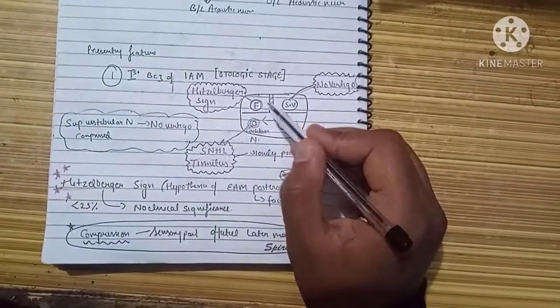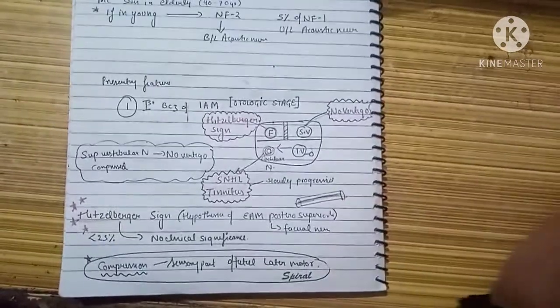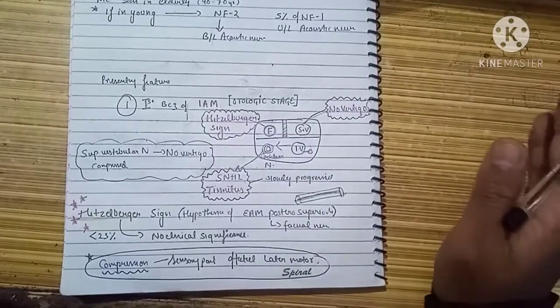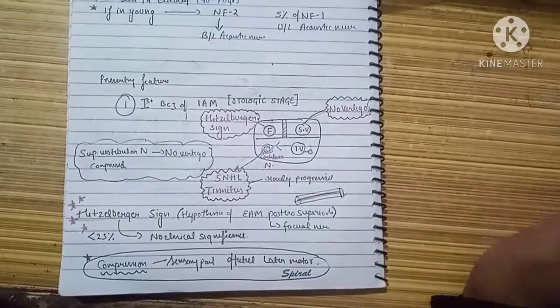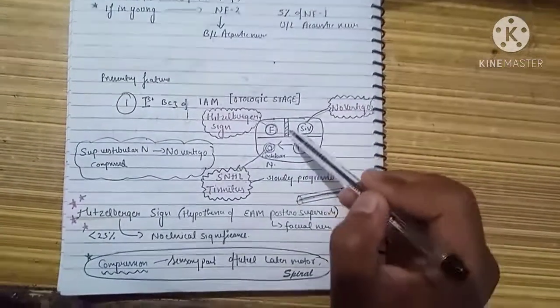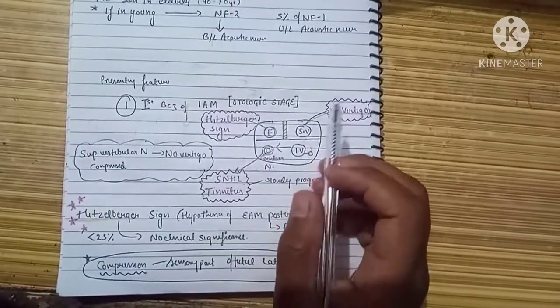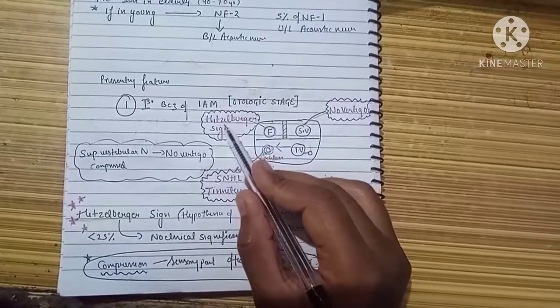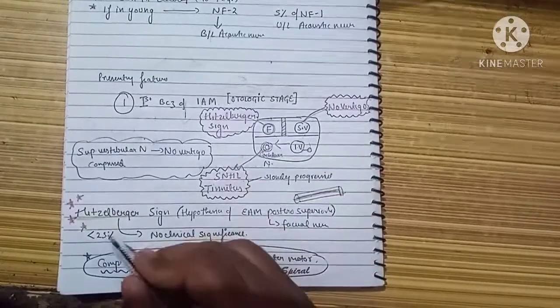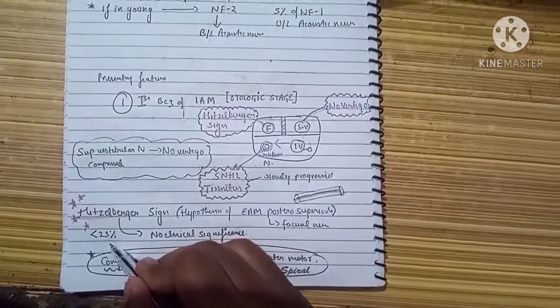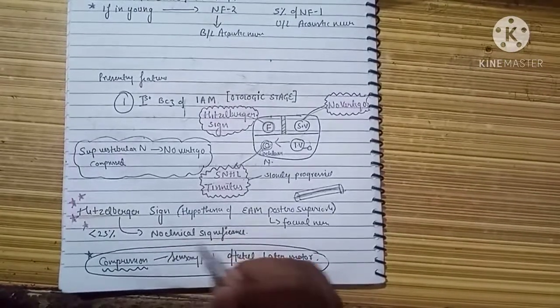But the smaller sensory part of the facial nerve, that is the nervus intermedius of Wrisberg, might get affected soon, and this will lead to a characteristic sign, though not that important, the Hitselberger sign, because it is seen in less than 25% of cases, so it is clinically insignificant.